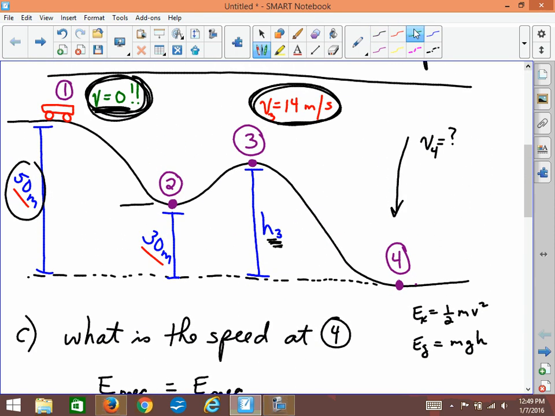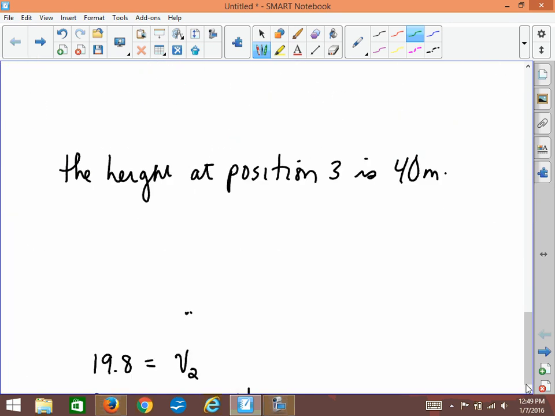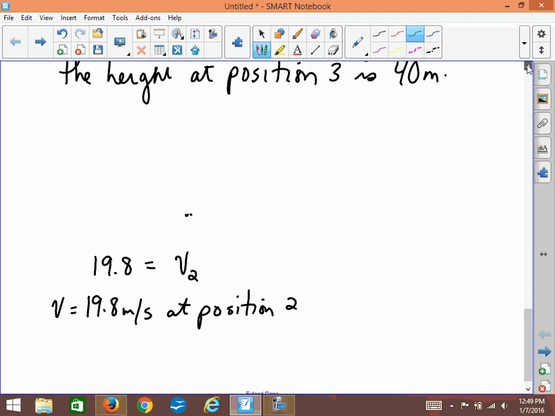At position 1, we had no speed, but we had lots of height. At position 4, we have speed, but we have no height. We're on the ground. This is as low as you can go. So that means that the height for 4 is going to be nothing.